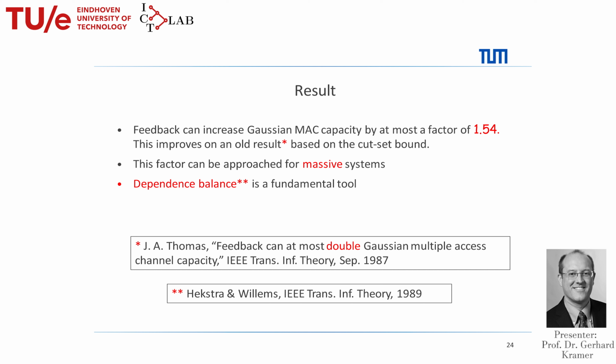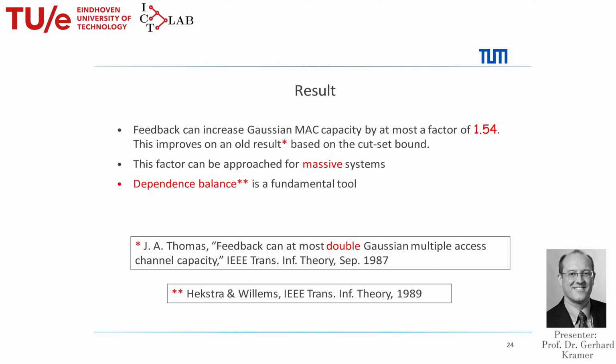So in other words, the dependence balance bound is the fundamental tool to understand feedback for Gaussian multiple access channels. And I'm pretty sure it is for general multiple access channels too, at least in some symmetric senses. In fact, there's still a lot of open ground here. We only have the total capacity; we don't have the whole capacity region.